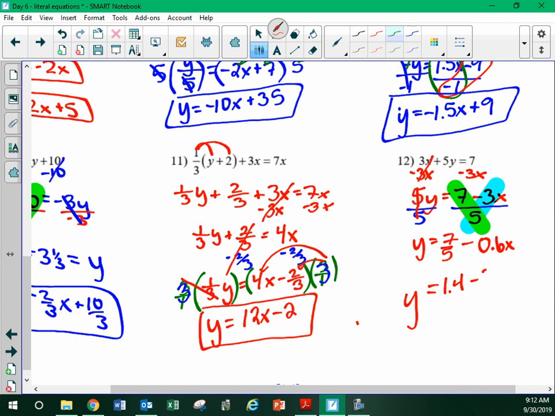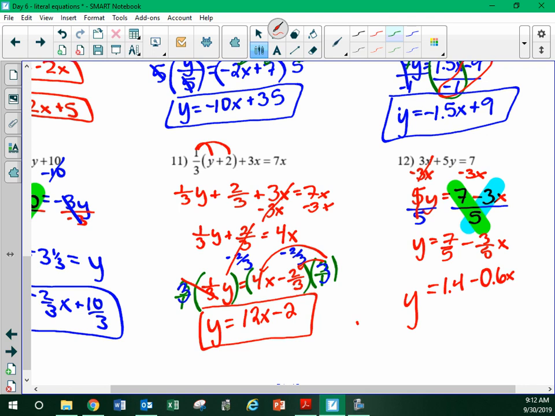So oops, I combined my decimals with the fractions. 0.6x or 3/5. So again, either one of these would be fine because the decimal ended. So we have an ending point. If it kept going on and on, you want to leave it as a fraction because otherwise you'd be rounding.